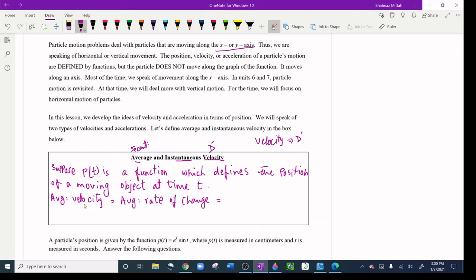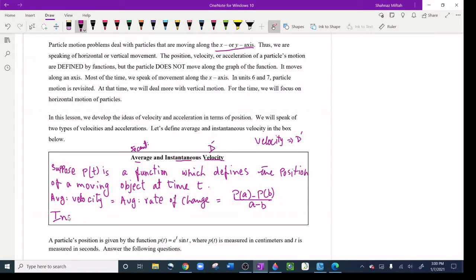Since they are talking about average velocity, in the formula that we have, f of b minus f of a, since now we are talking about position, we use p of a minus p of b over a minus b. So you're taking average velocity of the position. Make sure you understand what I'm saying. Average velocity means position, p of a, p of b.